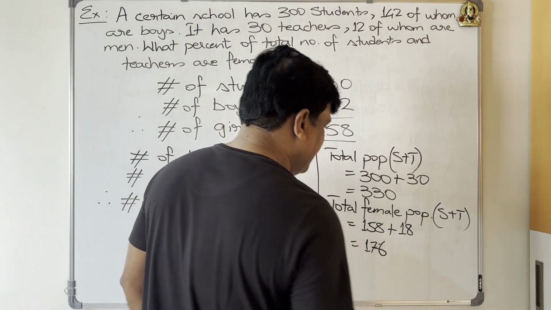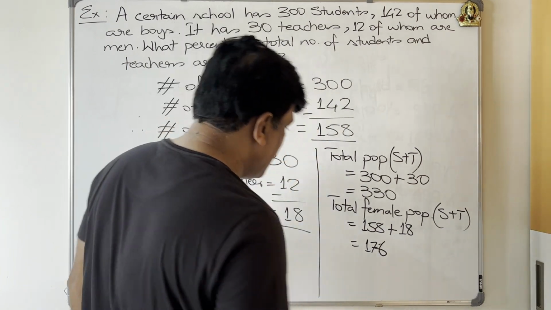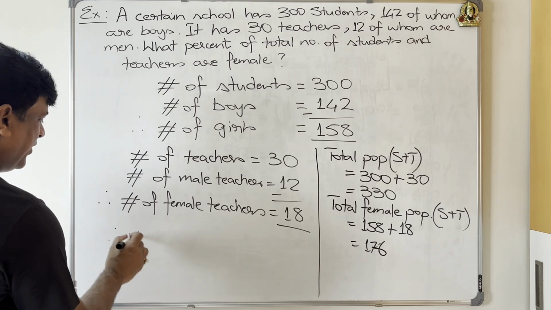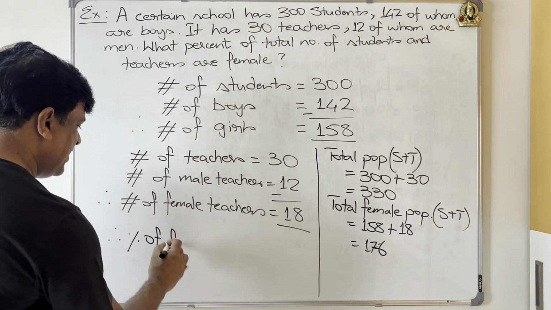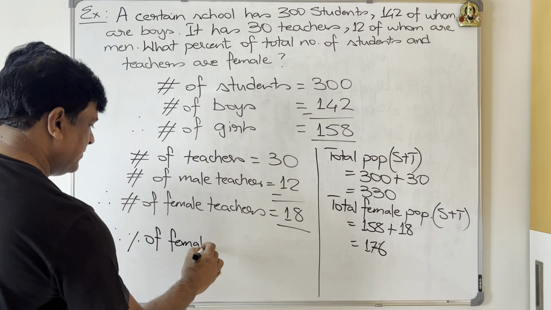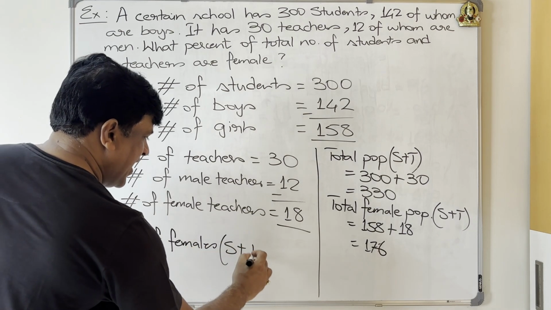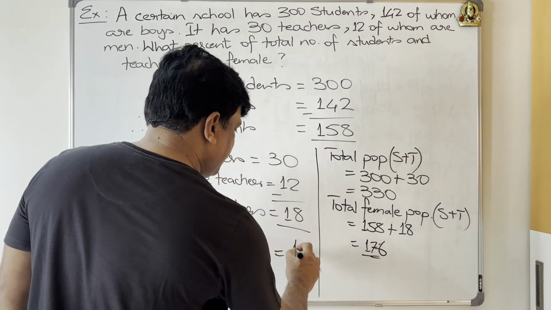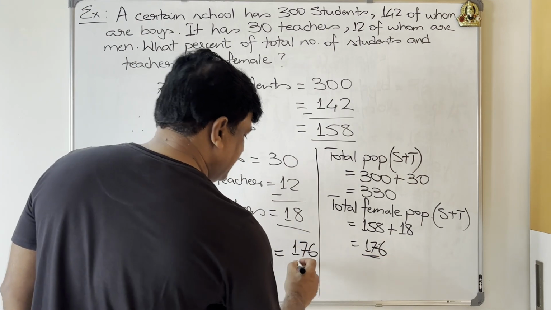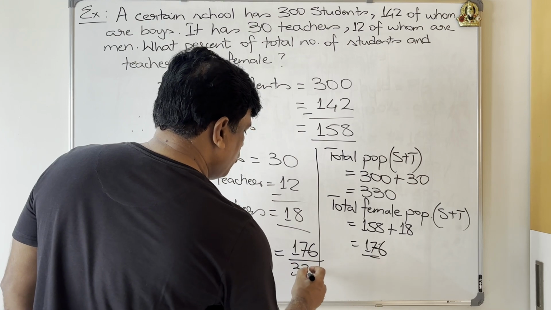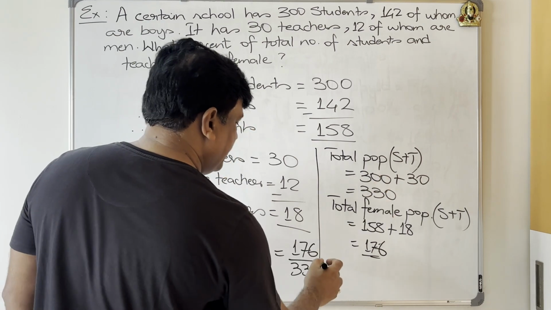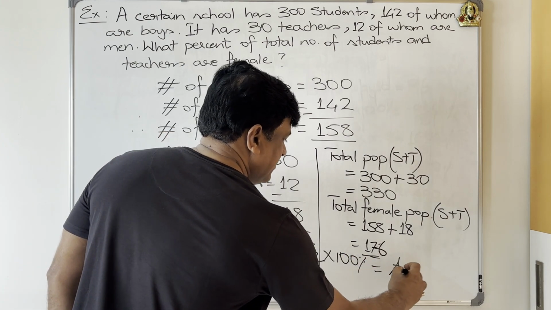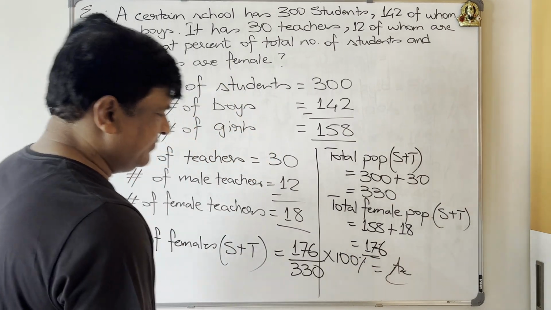This is 176, right? So now you can easily calculate the percentage. So therefore, percentage of females, students plus teachers, will be equal to total number of female students plus teachers out of the total population, which is 330, into 100%. That should be our answer. Right? Make sense?